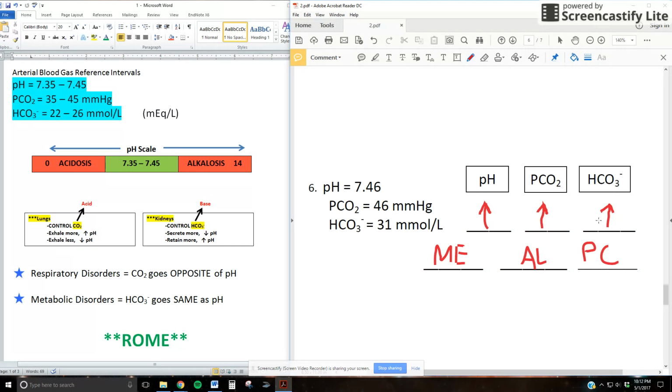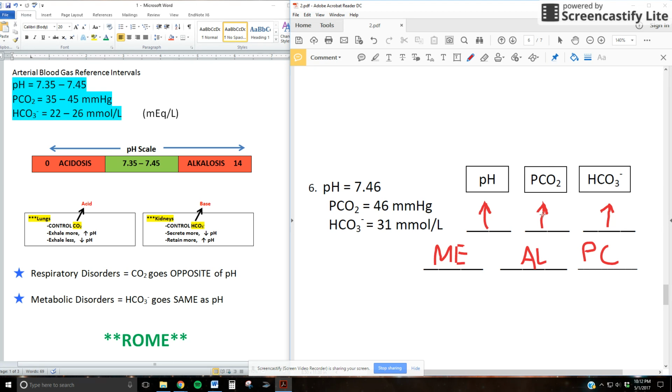Well, if the bicarbonate's too high, we know the kidneys are retaining more bicarbonate base, which is going to drive the pH up. So the body's going to try and compensate.